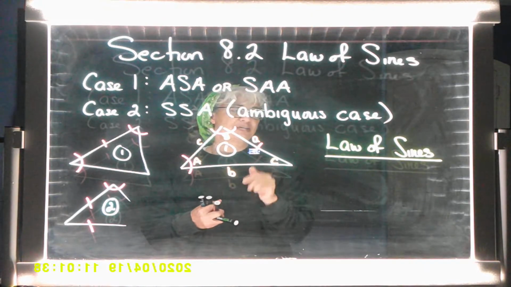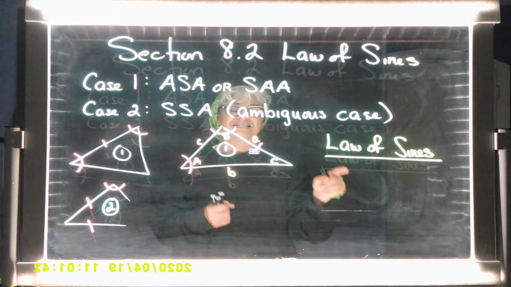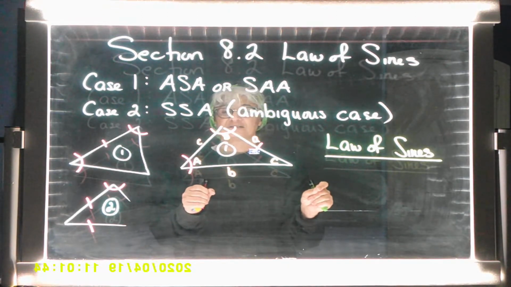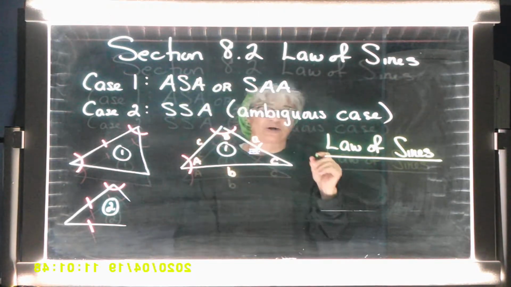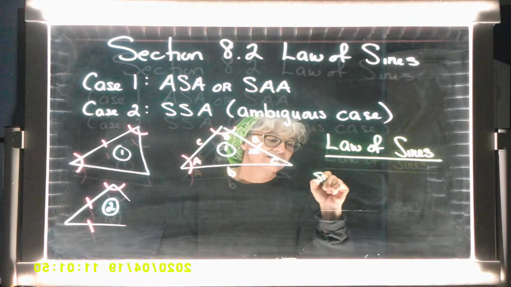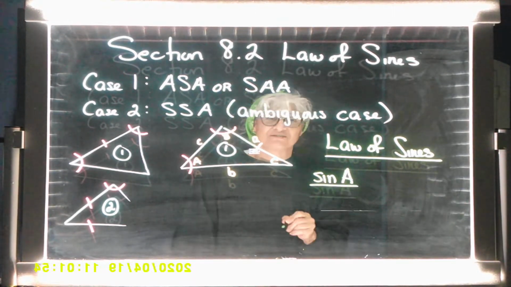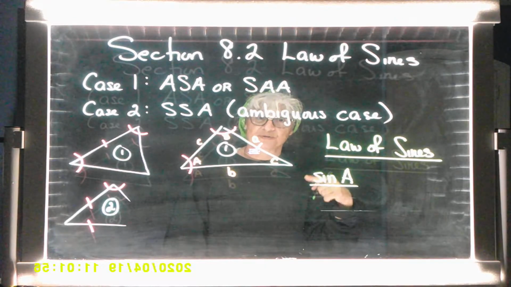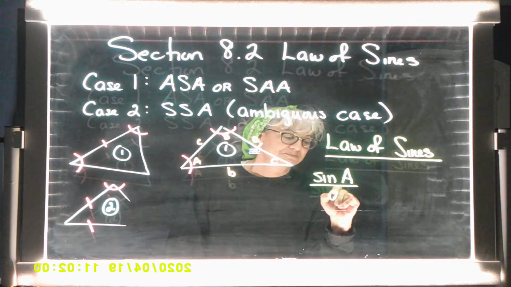And the reason why I'm making certain you understand that is the law of sines is nothing more than a proportion. And it deals with corresponding angles and sides. So I could take the sine of angle A and divide it by its corresponding side, which would be side a.